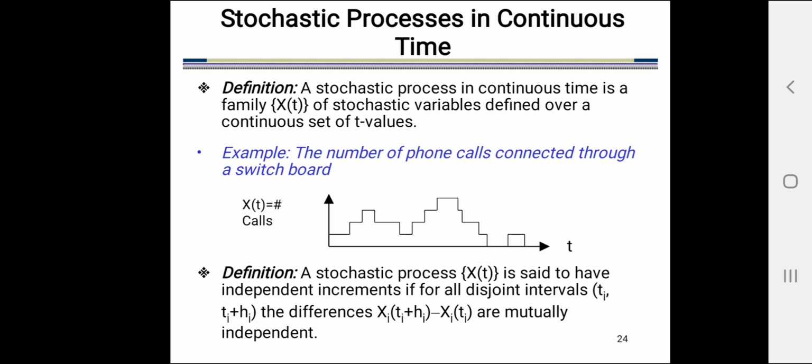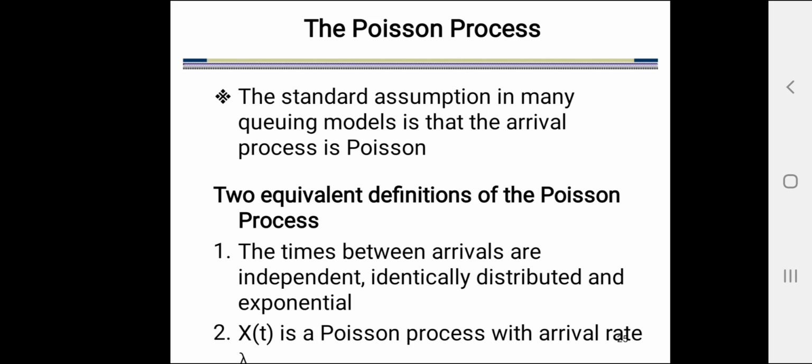A stochastic process is said to have independent increments if, for all disjoint intervals, the differences are mutually independent. For the Poisson process, the standard assumption in many queuing models is that the arrival process is Poisson. Two equivalent definitions of the Poisson process: the times between arrivals are independent, identically distributed and exponential.